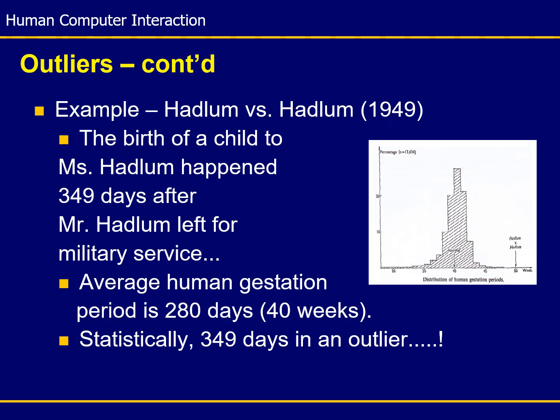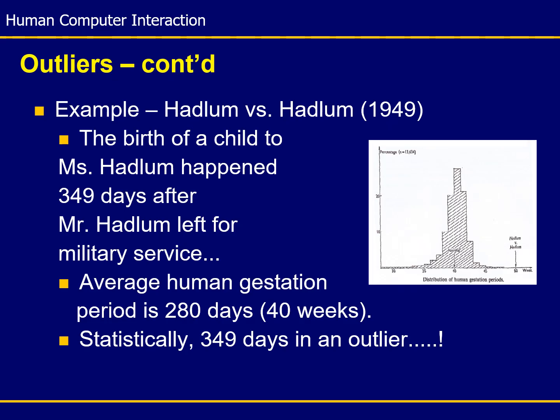And to her bad luck, there were tons and tons of studies made by doctors as a research activity about the human gestation period. In fact, in one study that I show here, the picture from the study was made on 13,634 females who got pregnant and how long they stayed pregnant.